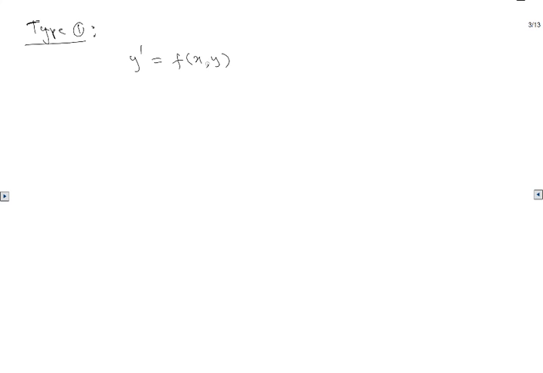So, just as an assumption, assume f(x,y) equal f(x), that means it only depends on the x variable, or the independent variable.